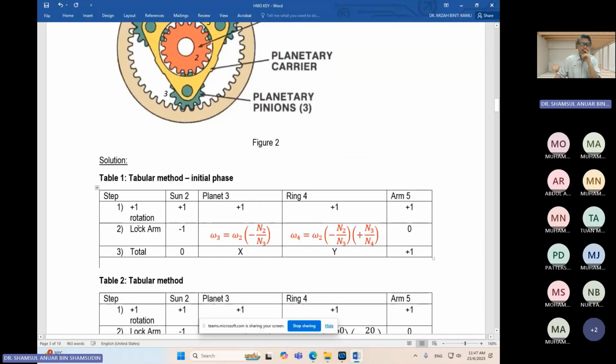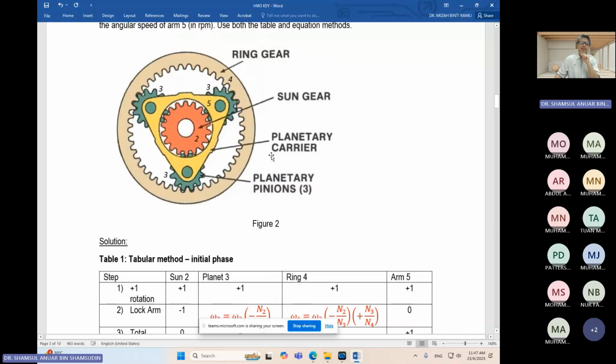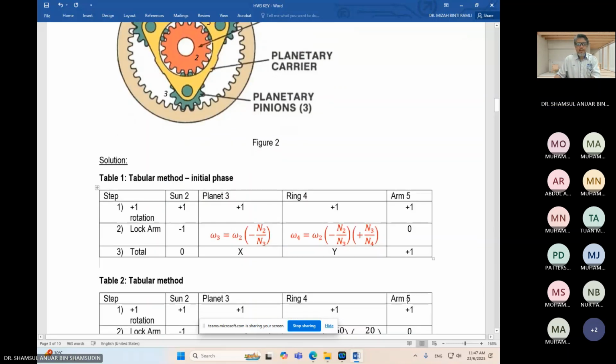Okay, when you create this table, make sure you have a column for the sun gear, a column for the planet gear, a column for the ring gear, and also a column for the arm, or the planetary carrier. Those components must be there. For the first process, give plus one rotation.